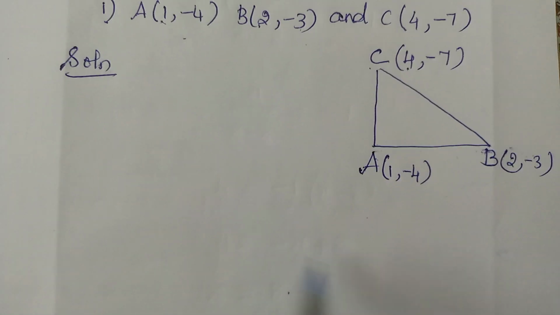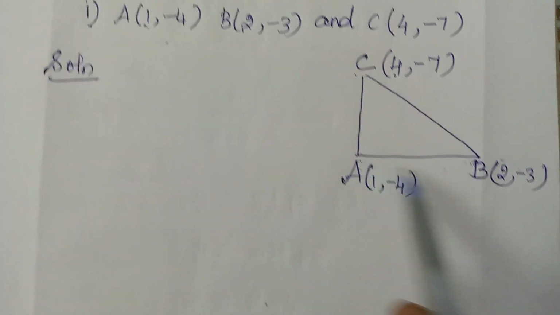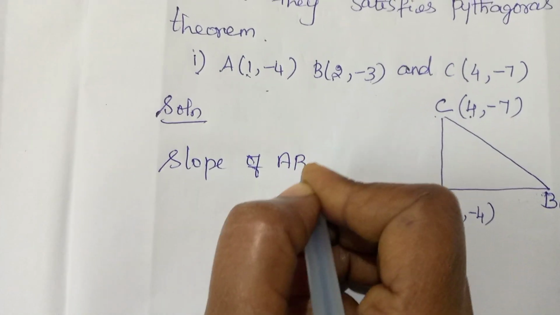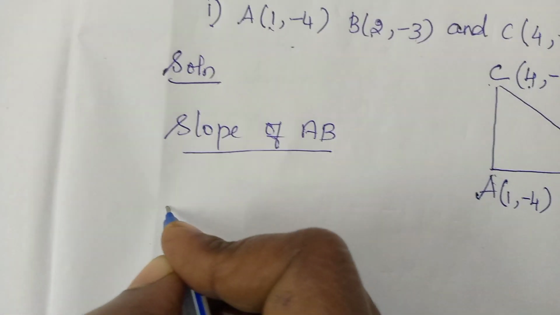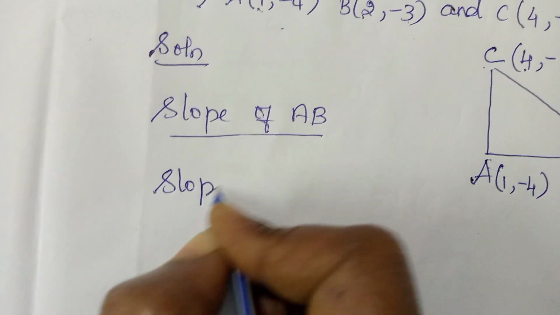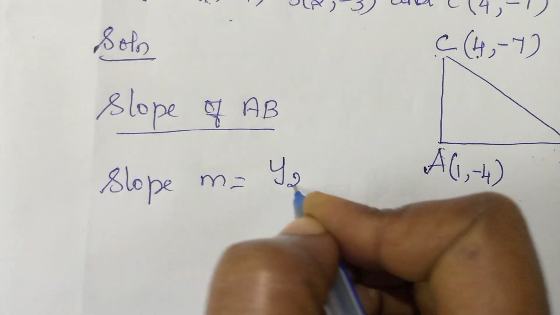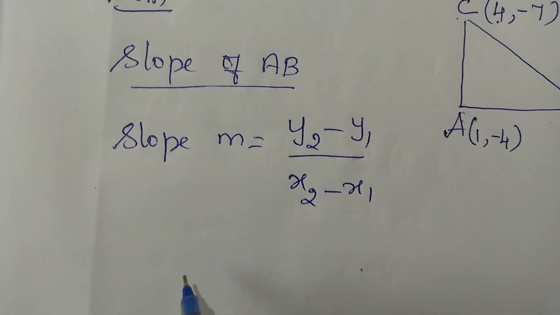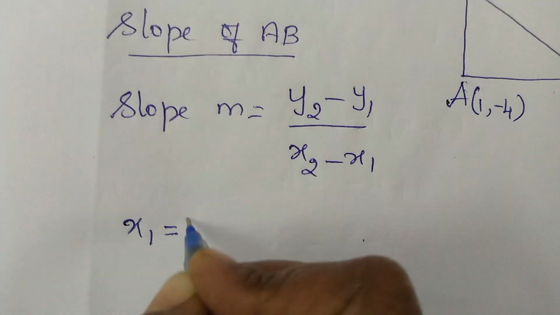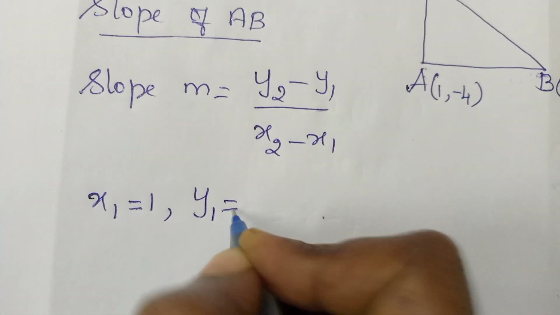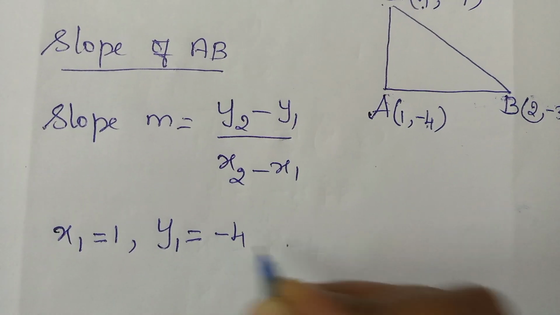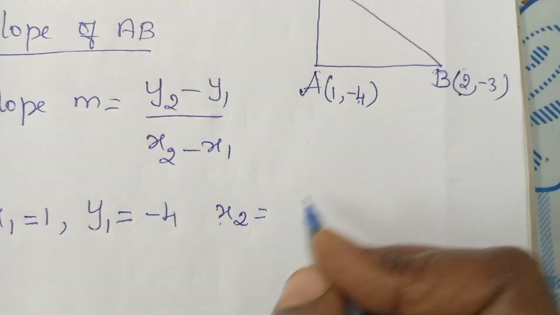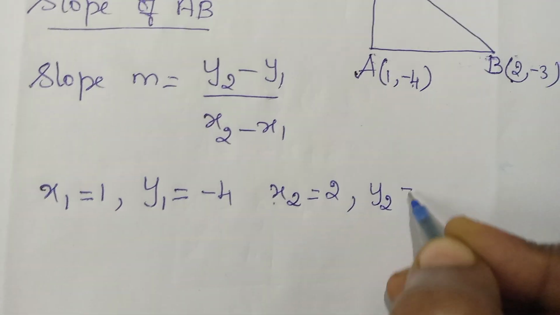First of all, let us find the slope of AB. The formula: slope m is equal to y2 minus y1 by x2 minus x1. Here x1 is equal to 1, y1 is equal to minus 4, x2 is equal to 2, y2 is equal to minus 3.